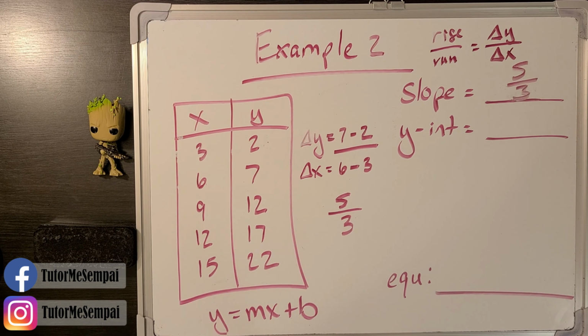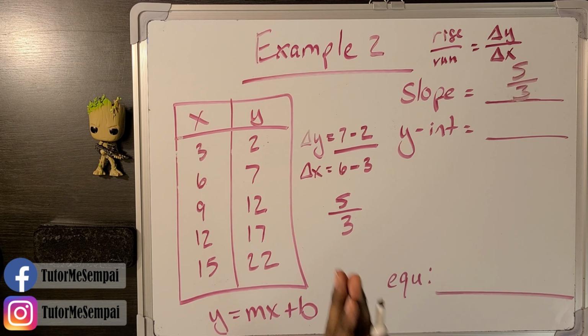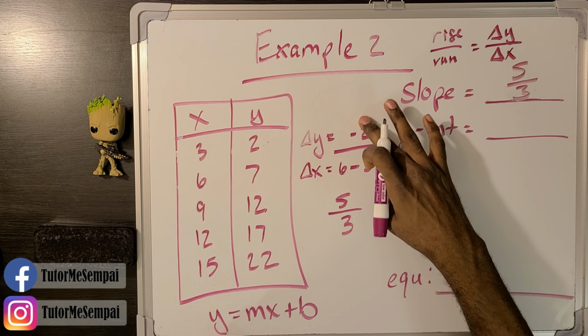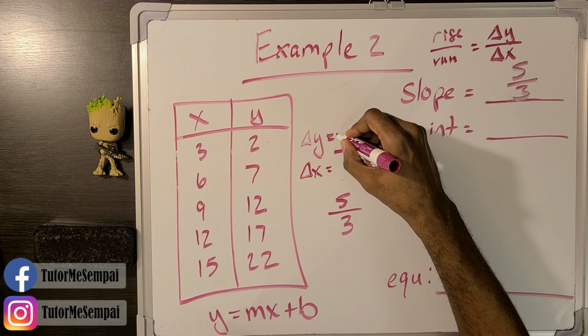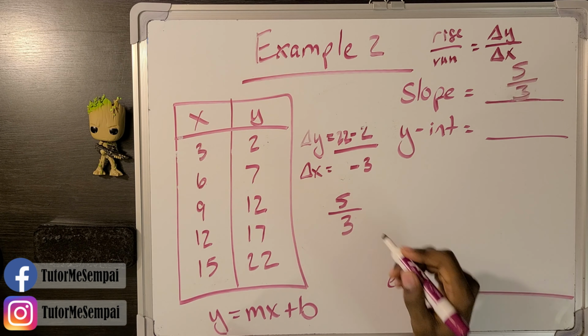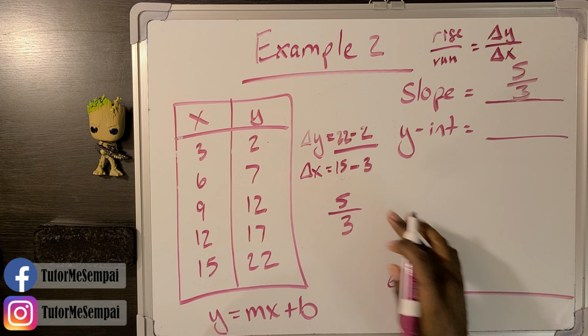5 over 3. Now, just to drive home the point one more time, I'm going to do the extremes again. Remember, it doesn't matter which ones you choose. However, I want to drive it home. So instead of 7 minus 2 and 6 minus 3, we're going to do 22 minus 2 and 15 minus 3. Now what's 22 minus 2?